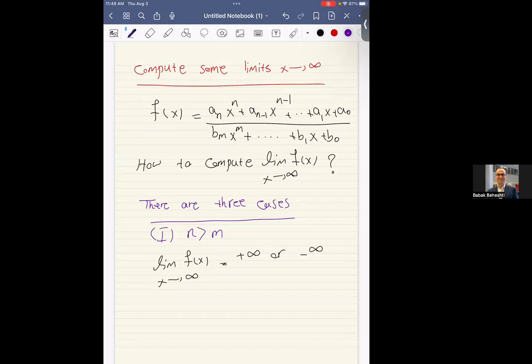The second case is when n, the degree of the top, is less than the degree of the bottom. In that case, if the degree of the denominator is bigger, then the limit is 0.